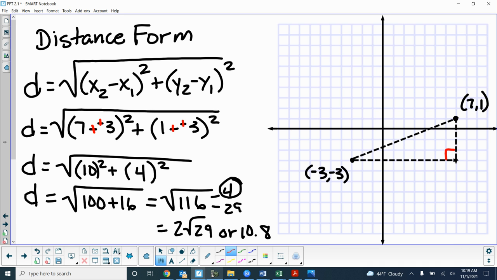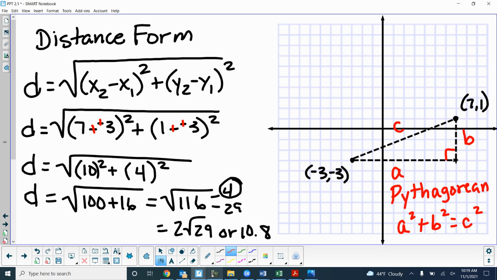All right. Basically what we just did, if we make this A and this B and define the C, yeah, I hear somebody saying it. A squared plus B squared equals C squared, right? Pythagorean theorem. That's all the distance formula is.